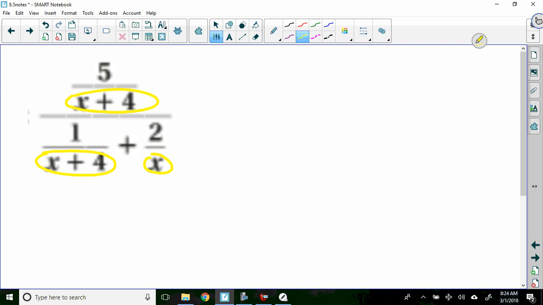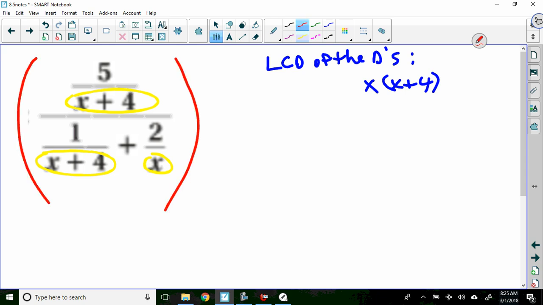So what we need to find is the LCD of the D's. The LCD of the D's. So it looks like we're going to have an x plus 4, right? And we also need what? We also need an x.